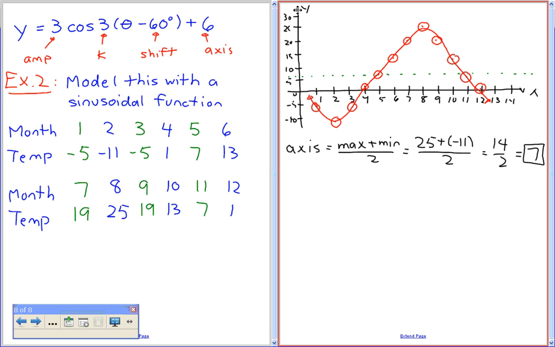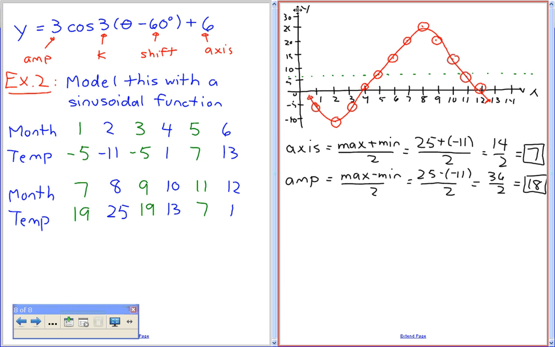Okay. Adam. Good. So 25 minus -11 over 2 is 36 over 2, which is 18. That means the amplitude is 18.